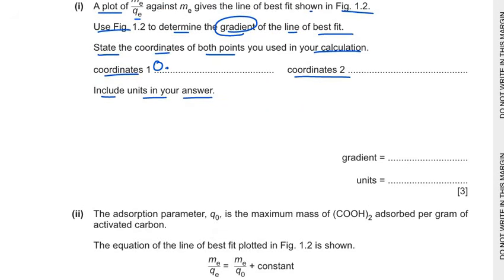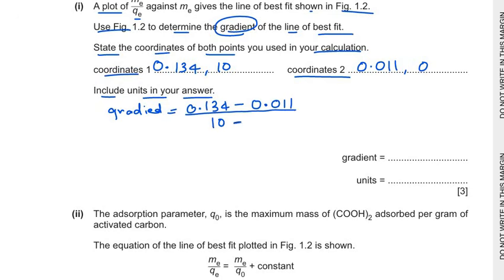So 0.134 and 10, and then we have 0.011 and 0. These are the two coordinates. If I find the gradient or slope, I can write 0.134 minus 0.011 divided by 10 minus 0.